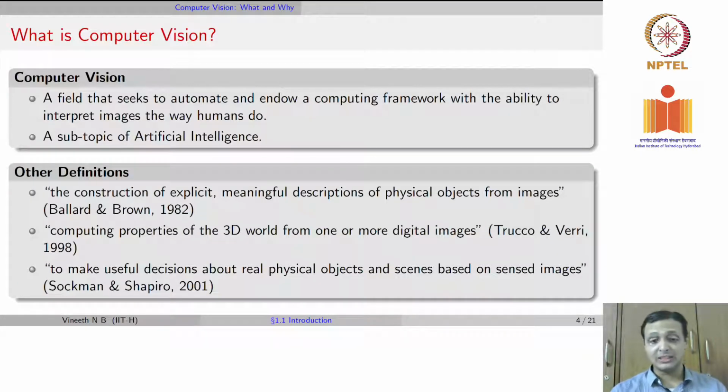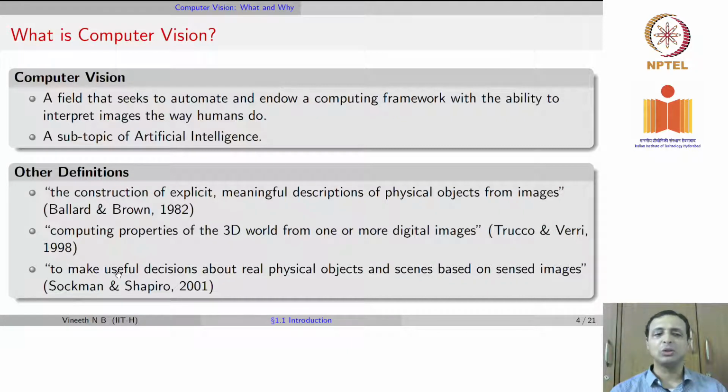There could be other definitions that many researchers over the years have defined. You could call it the construction of explicit, meaningful descriptions of physical objects from images. This was defined by Ballard and Brown. Or Trucco and Verri defined it as computing properties of the 3D world around us from one or more digital images.